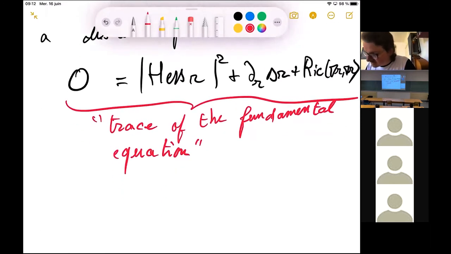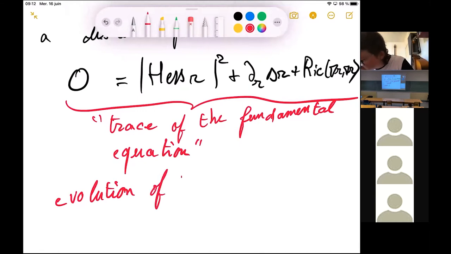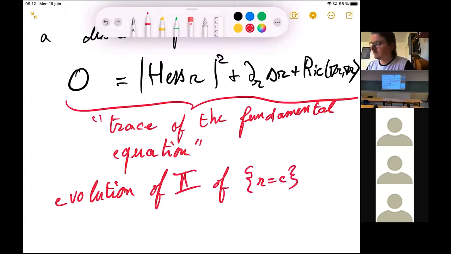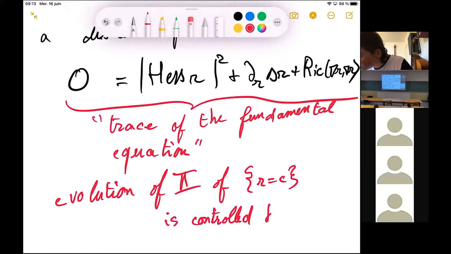Here, the fundamental equation said that the evolution of the second fundamental form of r equal constant is controlled by K, the sectional curvature.